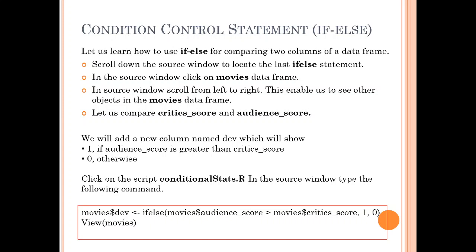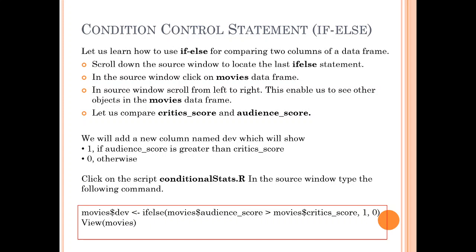Now if you remember, yesterday we had created a movies data frame. If you have that movies data frame available in your RStudio environment, you can use it as it is, or else you can create a new movies data frame. You will just have to use a read CSV function.